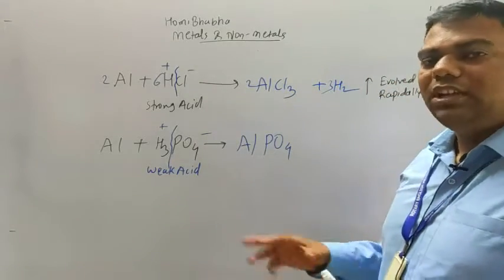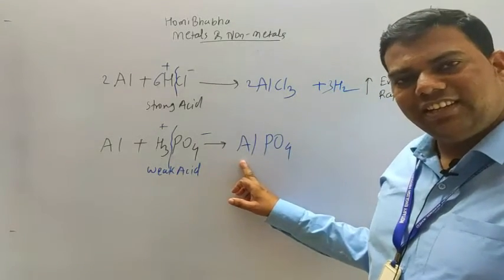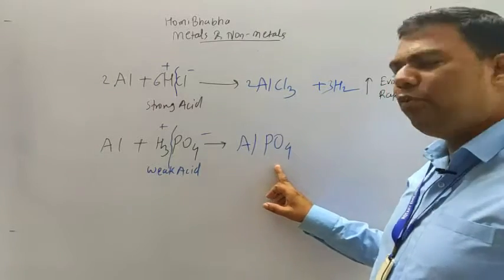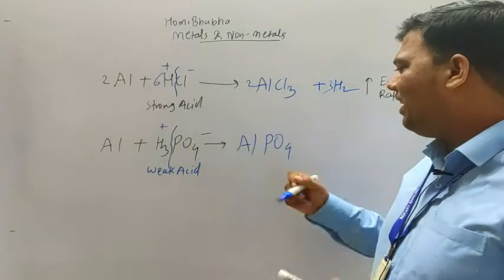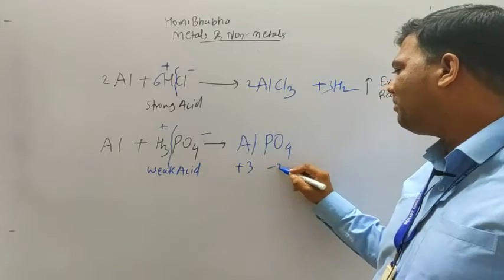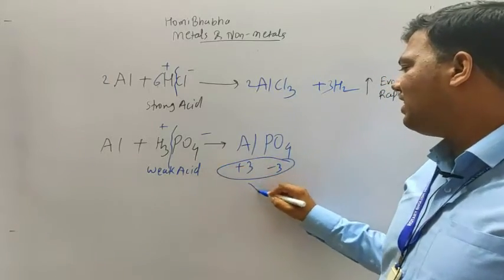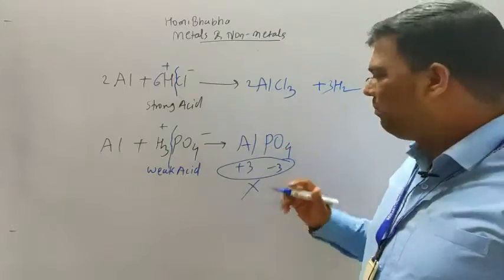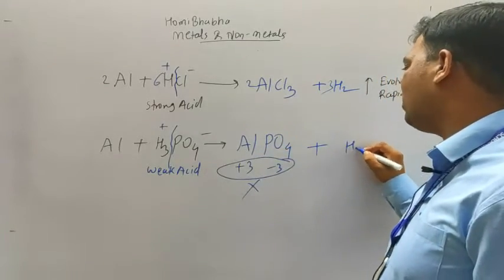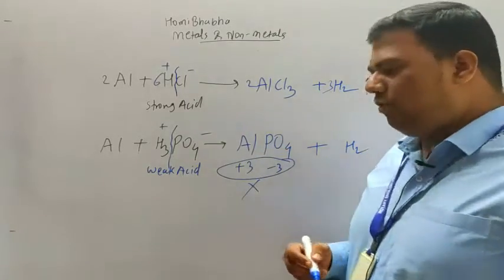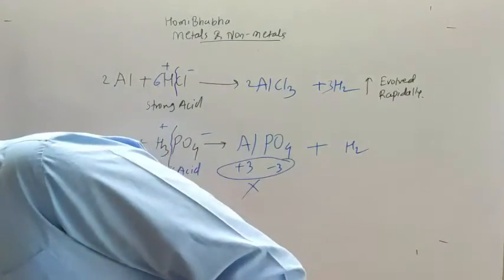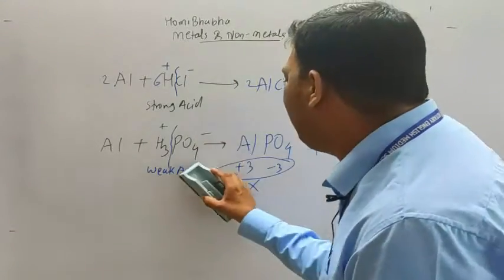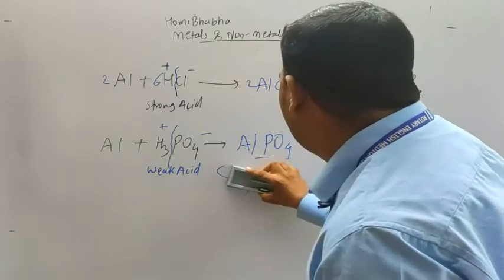Because aluminum is plus 3 and PO4 is minus 3, so plus 3 and minus 3 cancel out each other. You get simply AlPO4 plus H2.